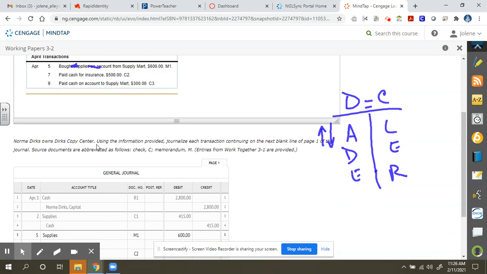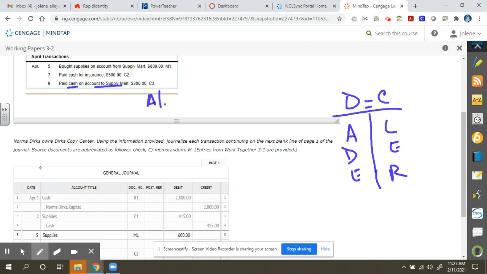Okay. Next one says paid cash on account to Supply Mart. All right. So with this one, let me show you what happens here. We have cash and then the account for Supply Mart.